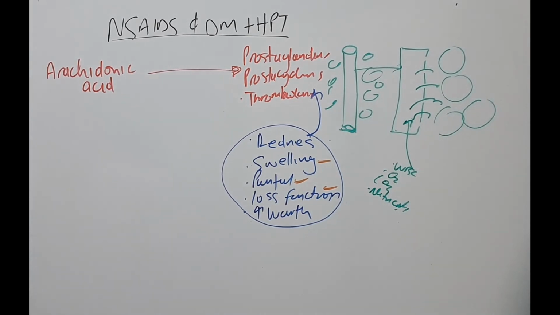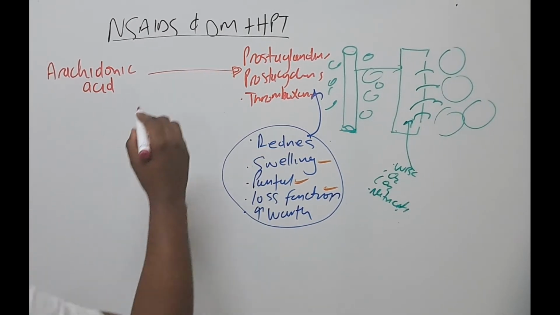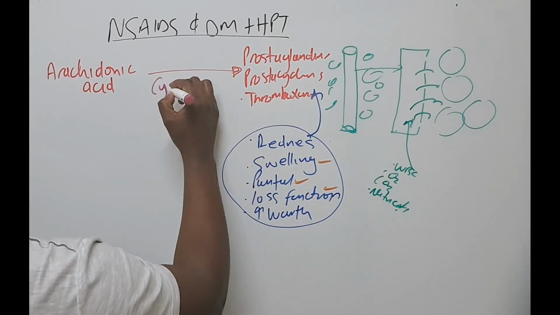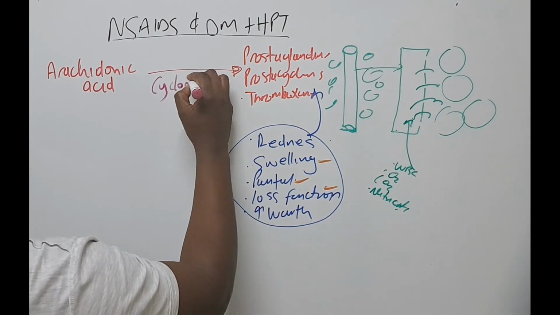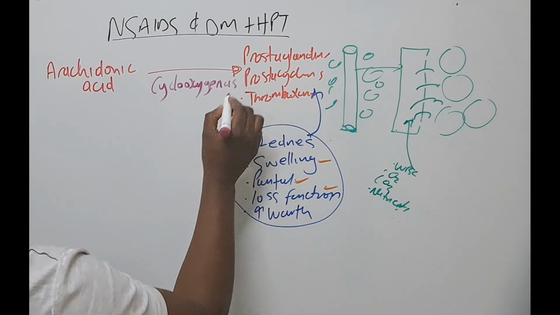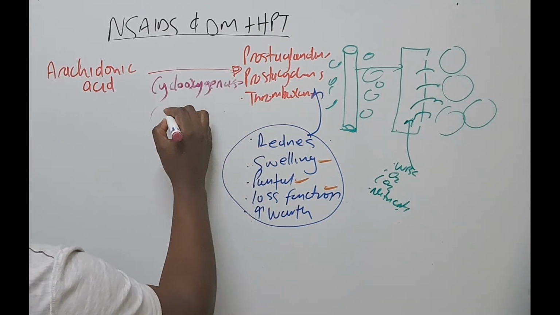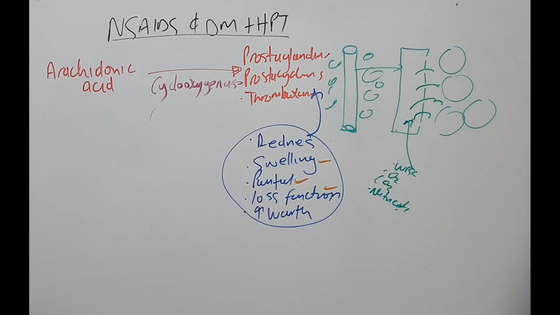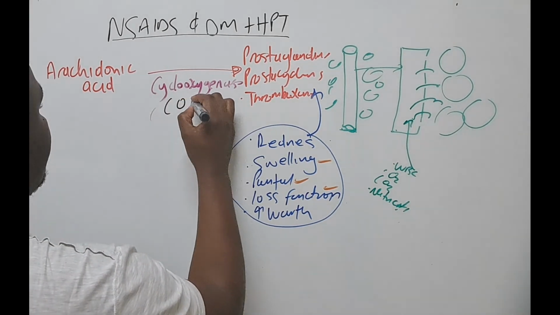Now, to move from here to here, you need special enzymes, cyclooxygenase enzymes, commonly referred to as COX enzymes.